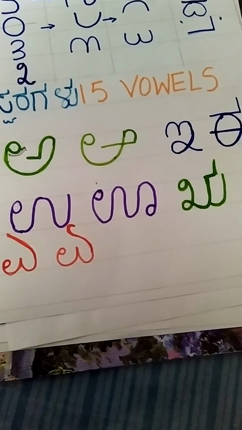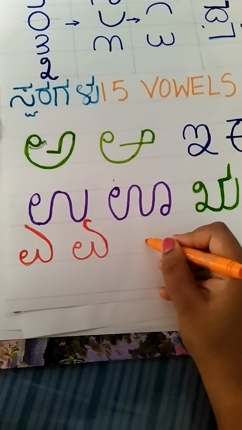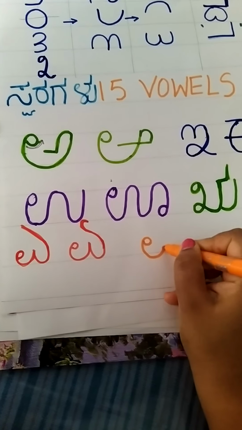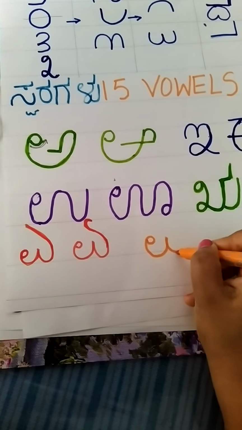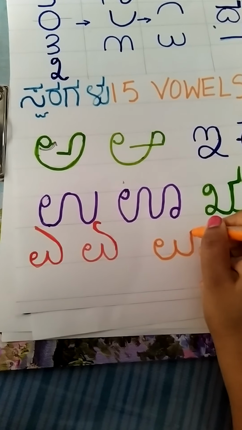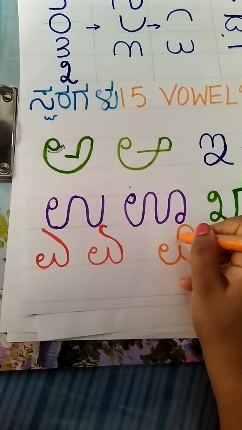The next letter is Ai. Again you will start with a curve only. 3. Go up. Again come down.